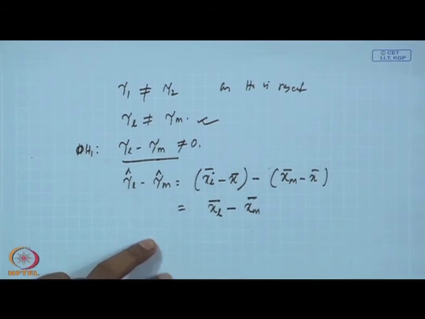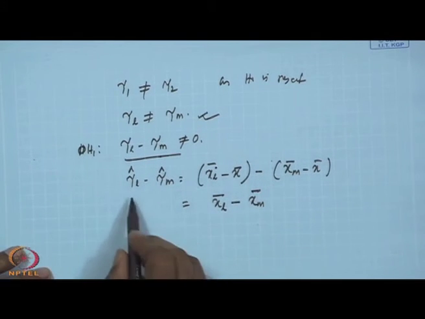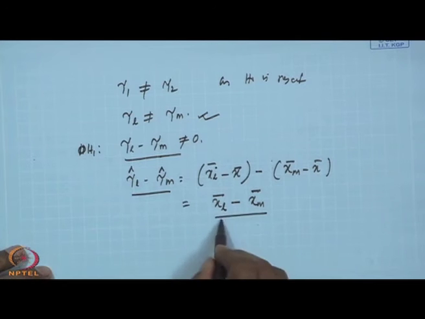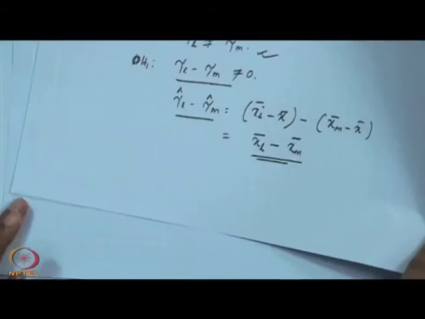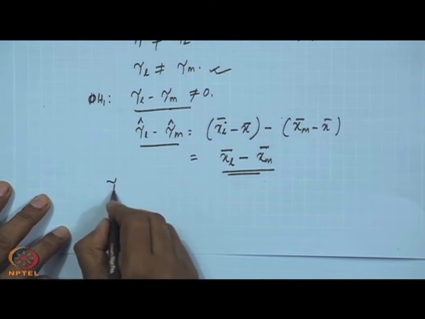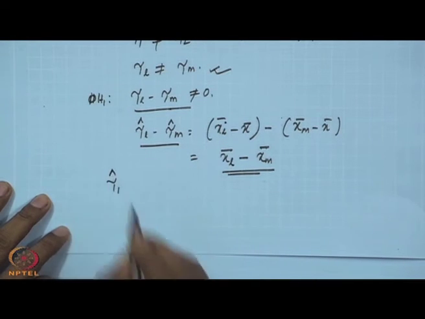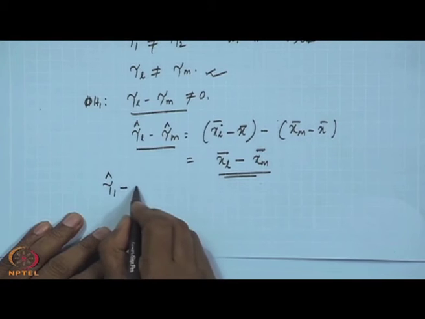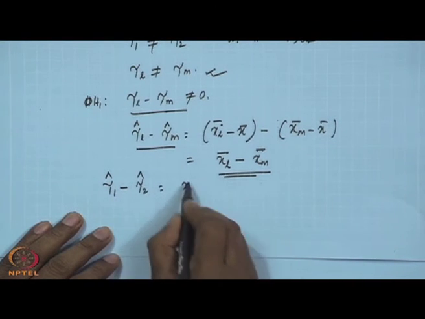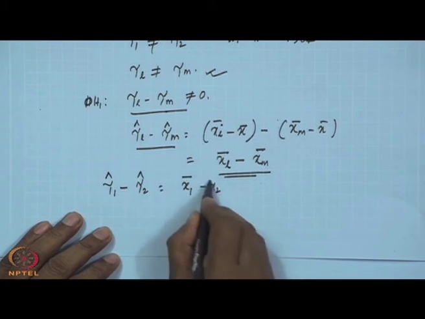X bar is cancelling out. So, if I want to know the point estimate of this, it is nothing but this one. Suppose I want to see the value tau 1 cap minus tau 2 cap, then it will be x1 bar minus x2 bar.